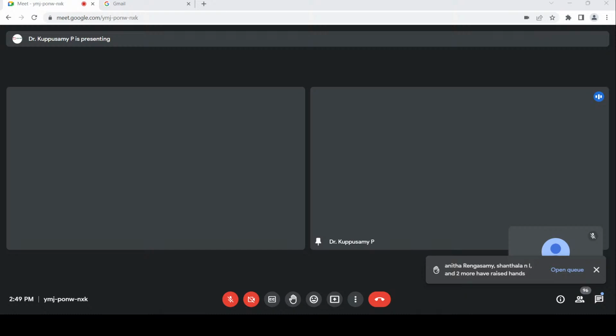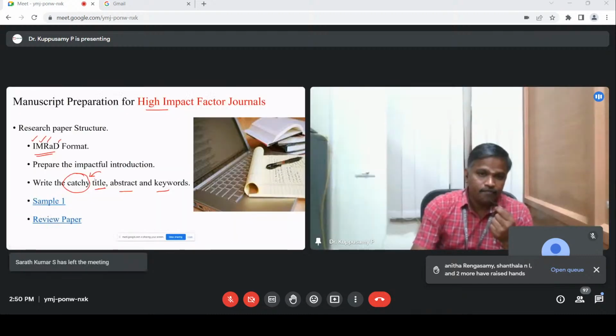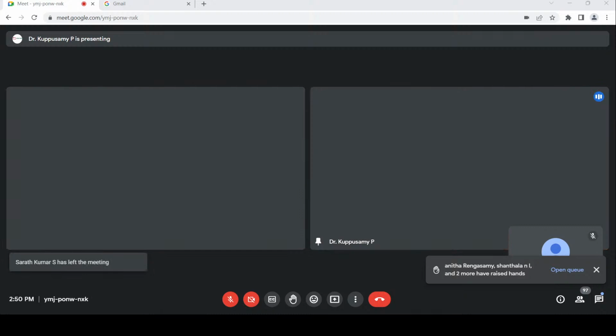For example, one of the formats is IMRAD: I for introduction, then methods, results and discussion. When we are preparing the abstract, keywords and title, they should be very attractive. When they read your title and abstract, it should be very impressive and informative to the editor and the reviewer.